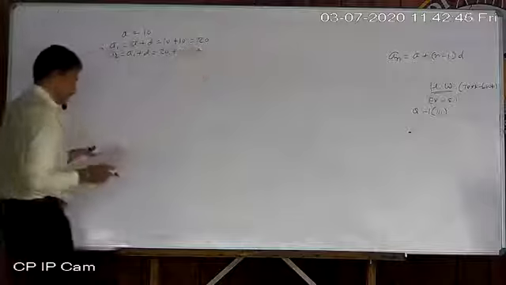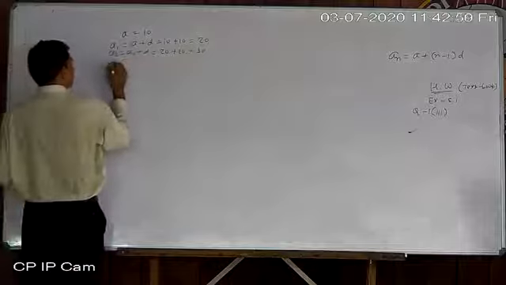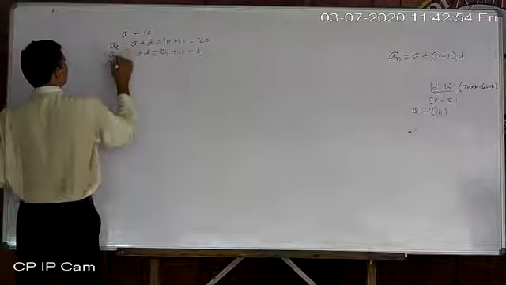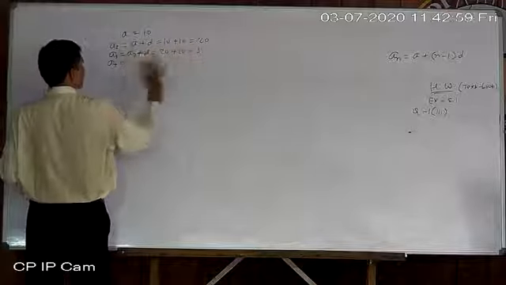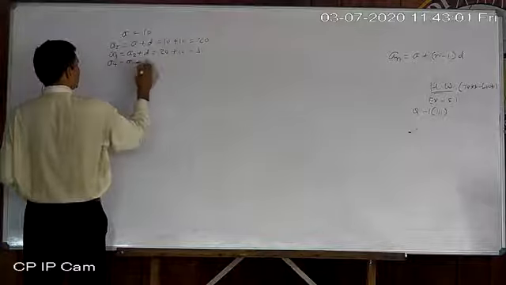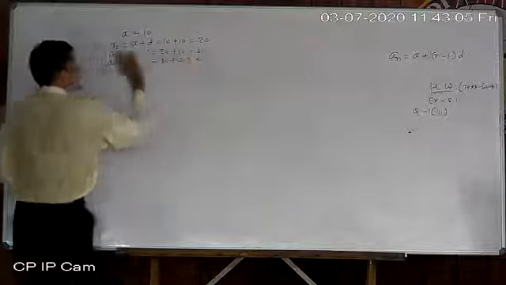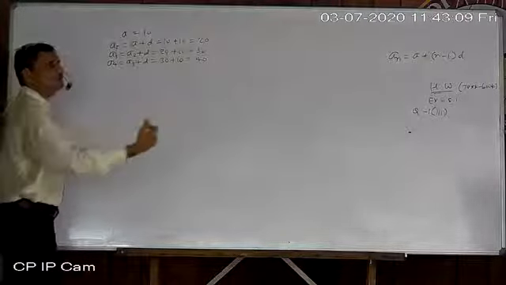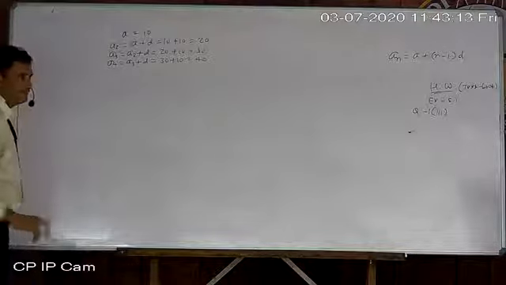How many terms required? First 4. So A4 is A3 plus D equal to 30 plus 10, 40. You understand how to write? By adding D only, manually. You don't need to know that formula.